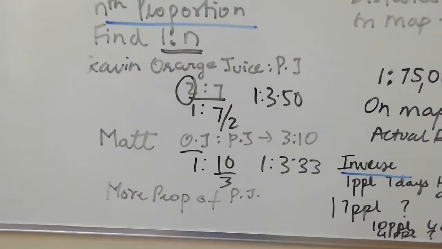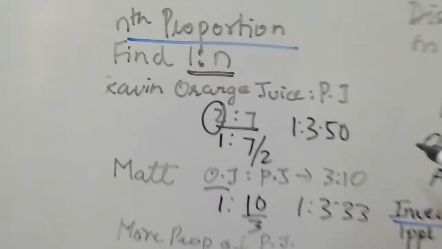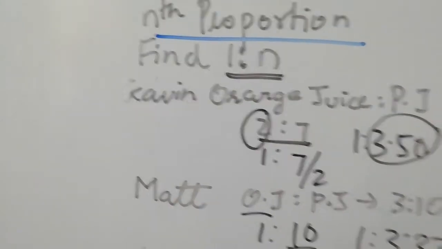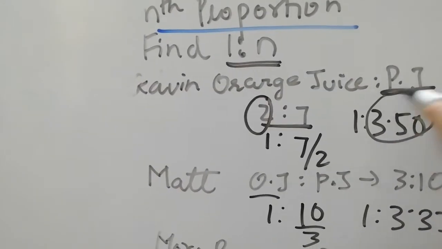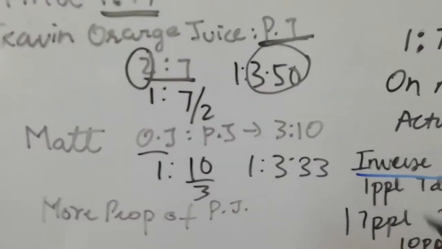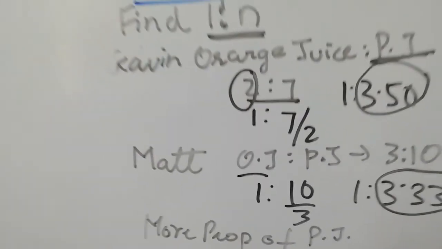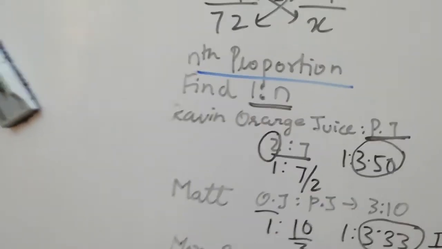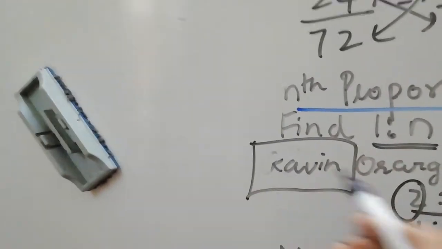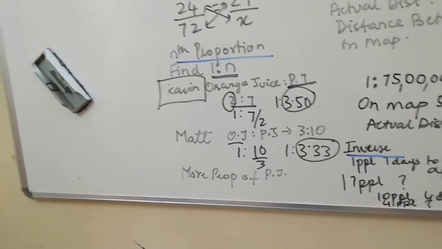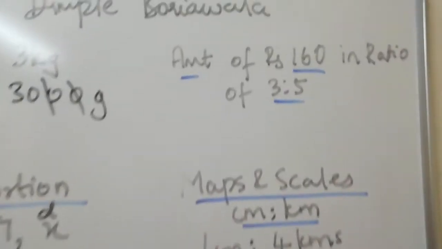Which person has used more proportion of pineapple juice? Gavin has used 3.50 proportion of pineapple juice and Matt has used 3.33 proportion of pineapple juice. So who has used more proportion? Gavin has used more proportion of pineapple juice. Easy. Next.